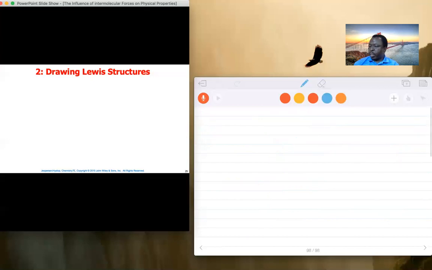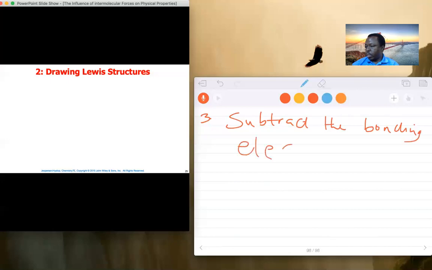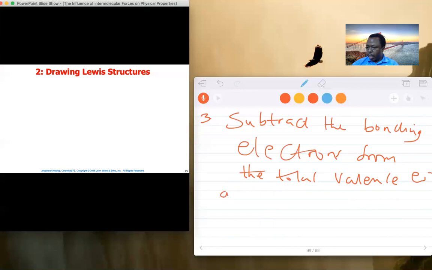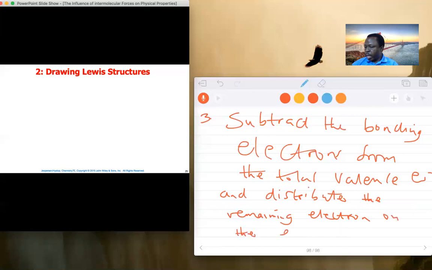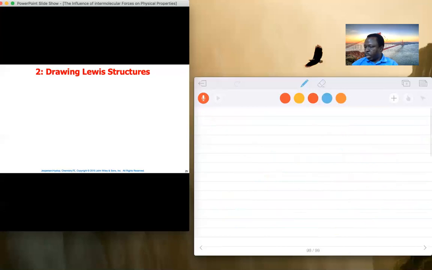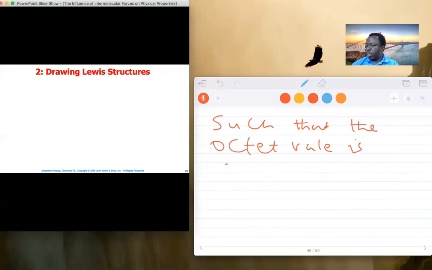Rule number 3 here is to subtract the bonding electrons from the total valence electrons and distribute the remaining electrons on the external atoms, such that the octet rule is obeyed.